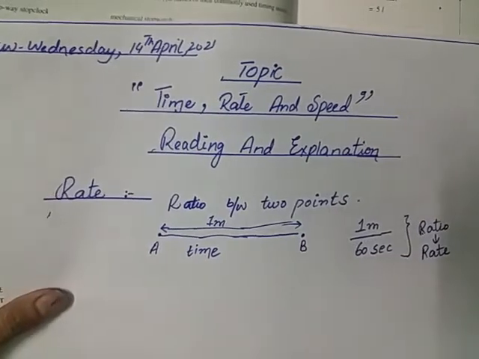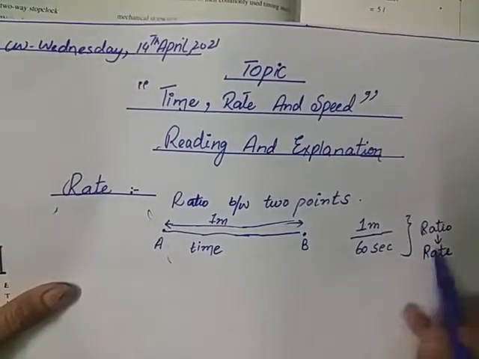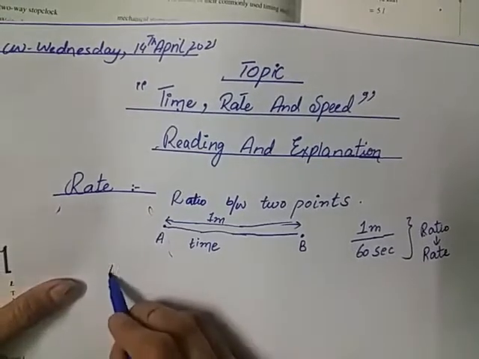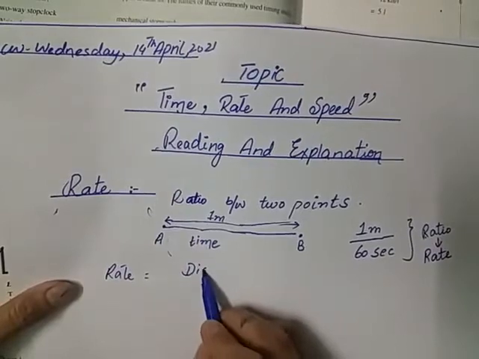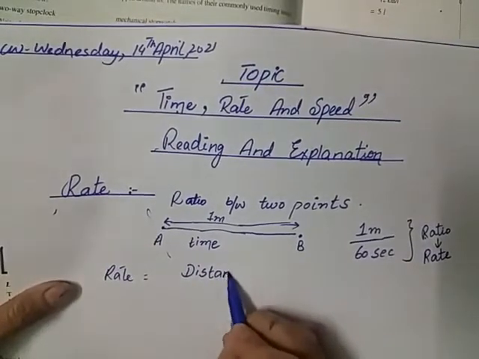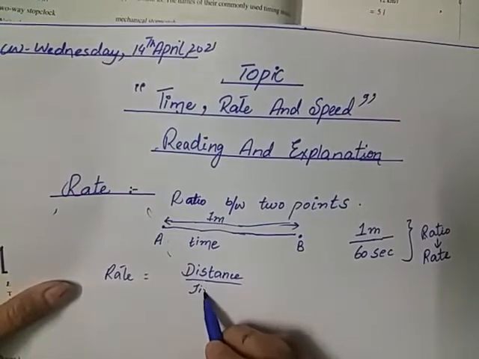So students, rate is defined as the ratio between 2 points, and the formula for rate is distance traveled divided by time.